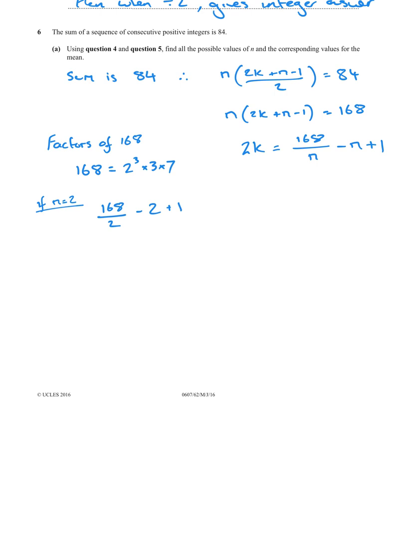Just lost some of my mental arithmetic there. So this thing is 2k equals 83. So therefore k equals 83 over 2, which is not an integer. So therefore n cannot equal 2.